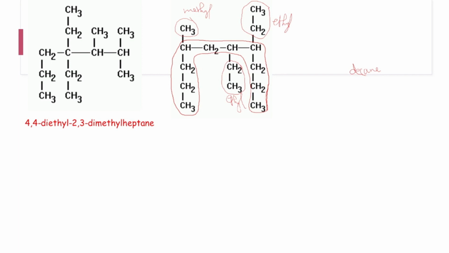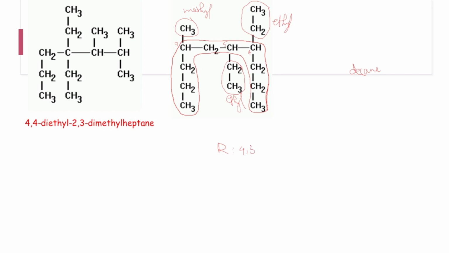So now I have to check whether I start numbering the carbons from the left-hand side or the right-hand side, which will give the least possible numbers for the substitutions. Let's count from the right-hand side and see. If I start from here, 1, 2, 3, 4, 5, 6, 7. So the substitutions will be at carbons 4, 5, 7.